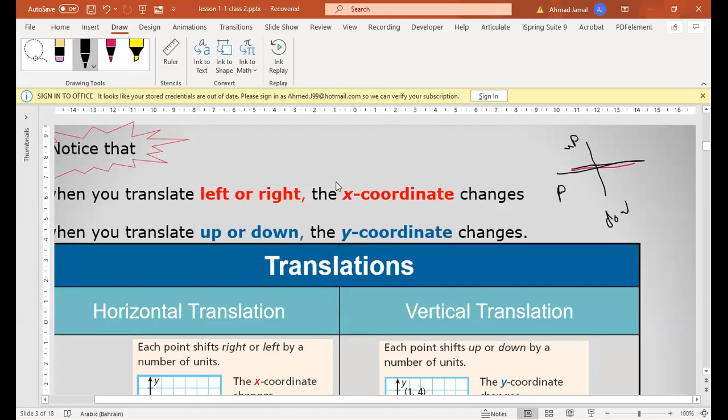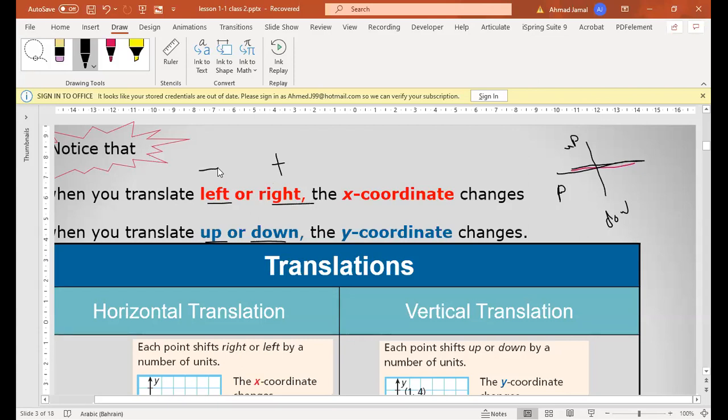So translation means left or right, up or down: left or right in the x coordinate, up or down in the y coordinate. If the point moves to the right, I use the positive sign in the x coordinate, and if we move left, I use the negative sign.